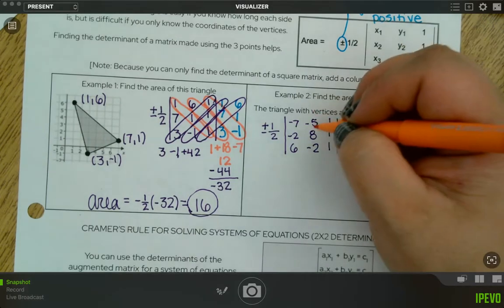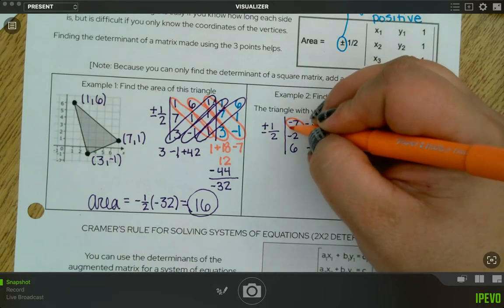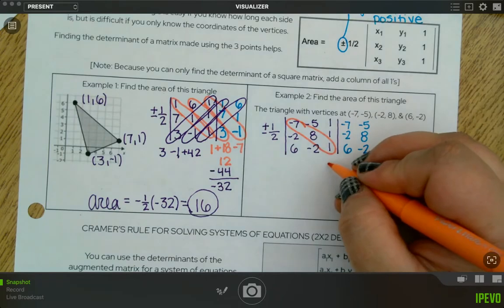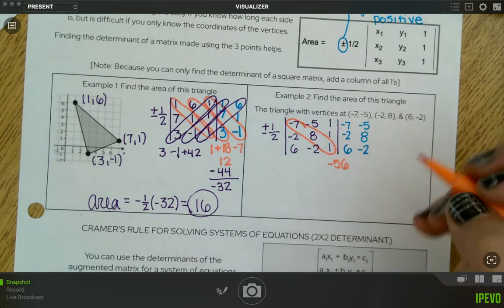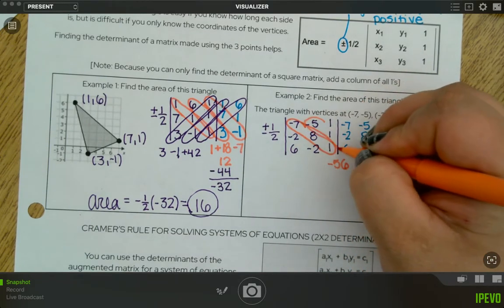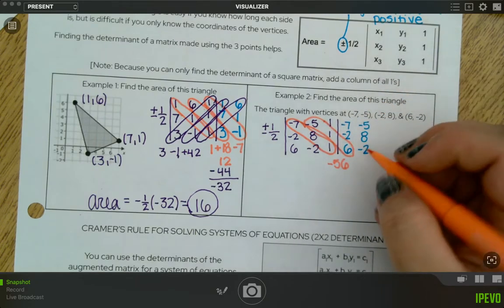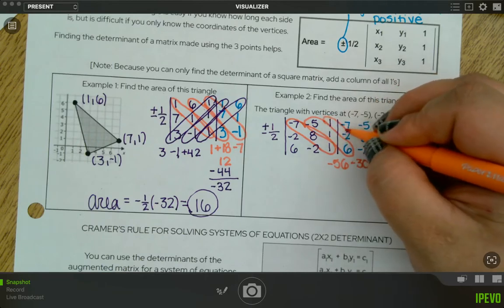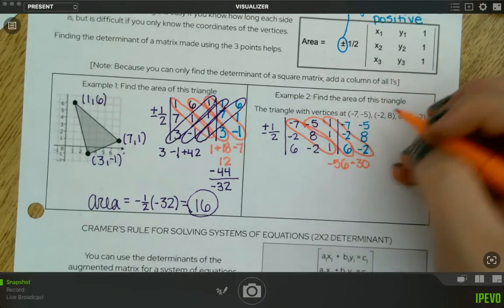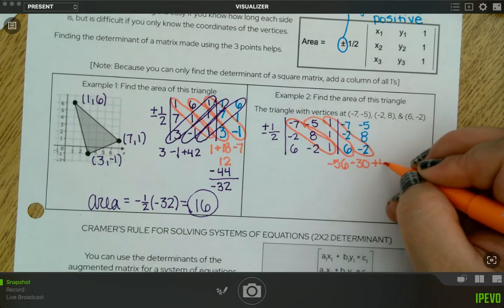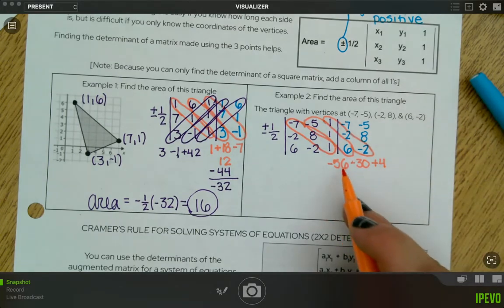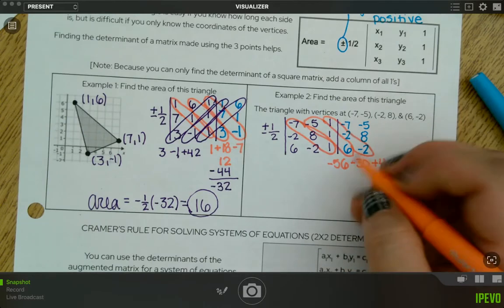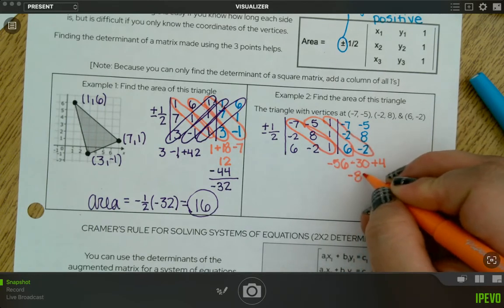And we're going to do the right diagonals first. -7 times 8 is -56, times 1 is still -56. -5 times 1 is -5, times 6 is -30. 1 times -2 is -2, times -2 again is +4. -56 minus 30 is -86. -86 plus 4 is -82.